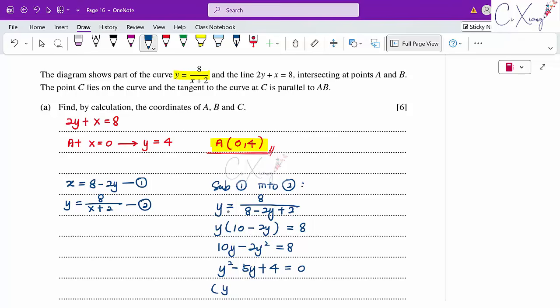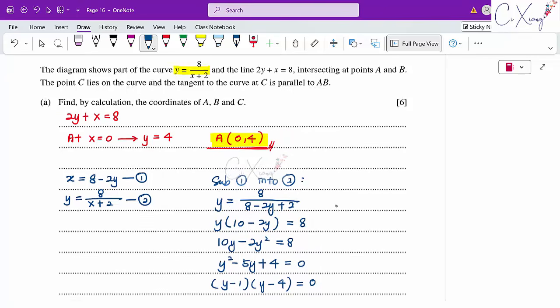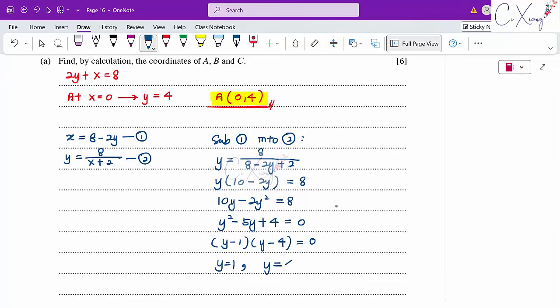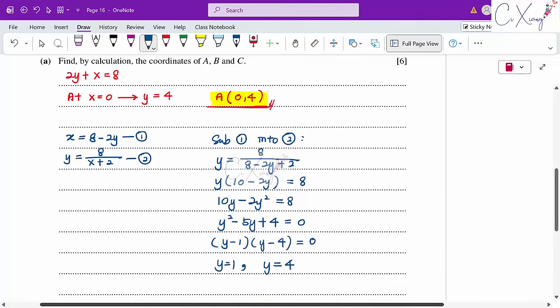Okay, then I can factorize them. And from here, what do I get? I'll be getting y equals to 1 and also y equals to 4. And I'll be taking the value of y equals to 1 and continue for the calculation.